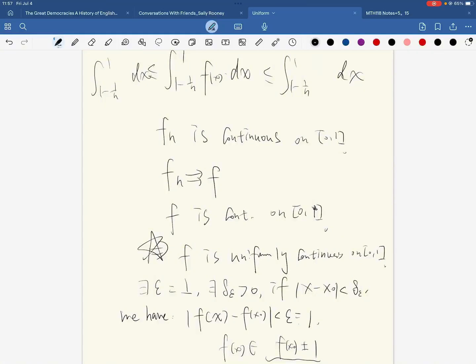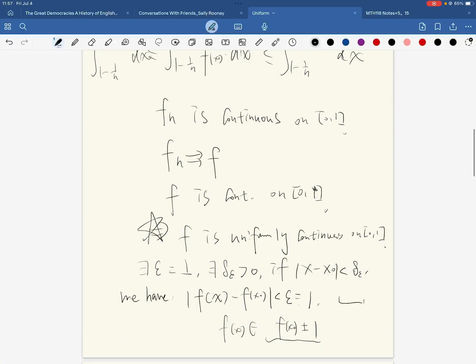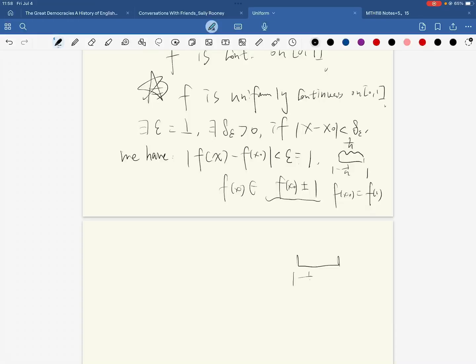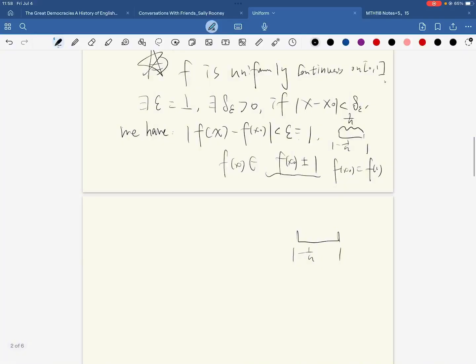In this question this distance is 1 over n. And we take x0 to be 1 in this question, which means we want to use the definition of uniform continuity.